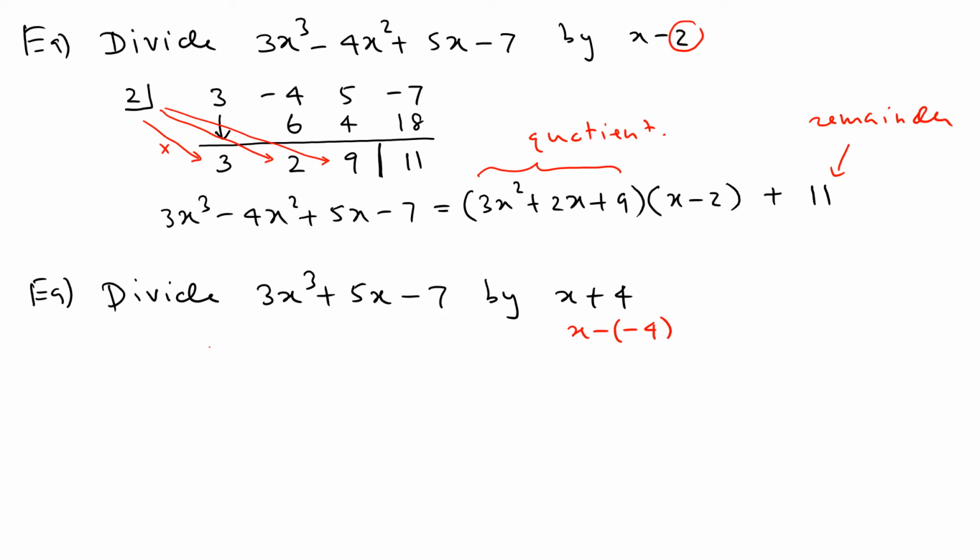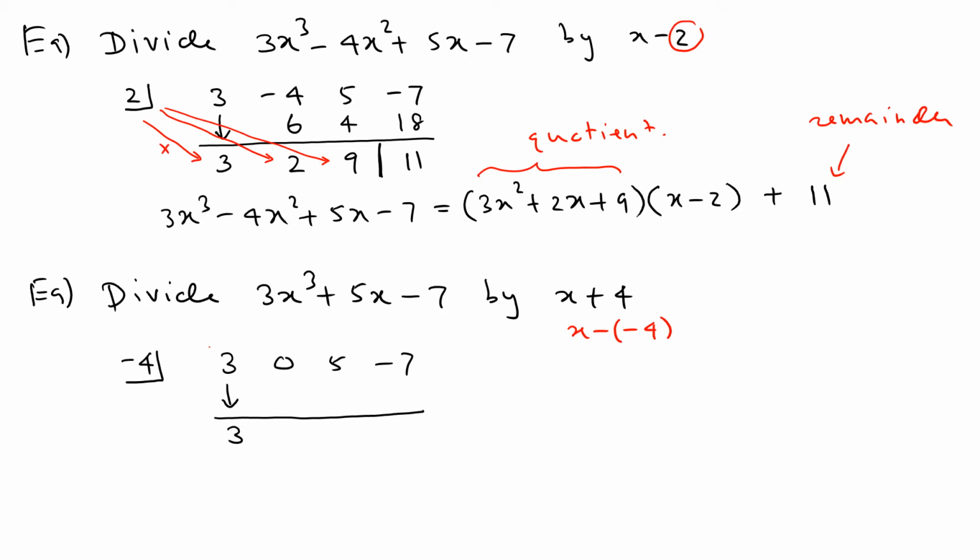So when you write the coefficients, you want to make sure that you put a 0 for the x squared term. Otherwise everything is wrong. So we have 3, 0 for x squared, 5 and negative 7. And here the number is negative 4. Good. Now we copy the first number, and multiply.